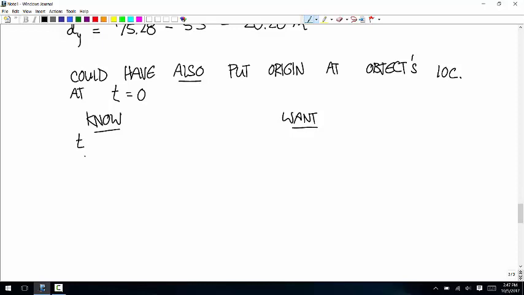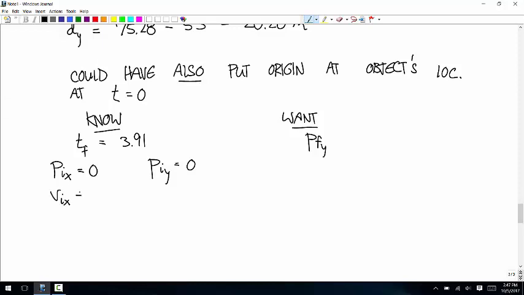Time final is still 3.91. P initial, now both components are 0. P final y is still what we're trying to calculate.